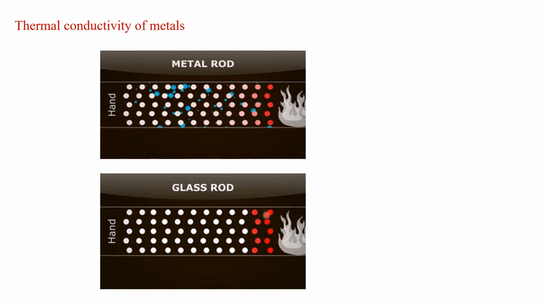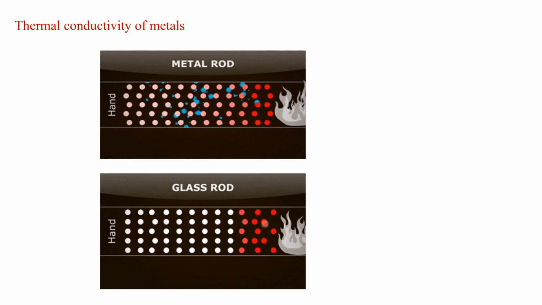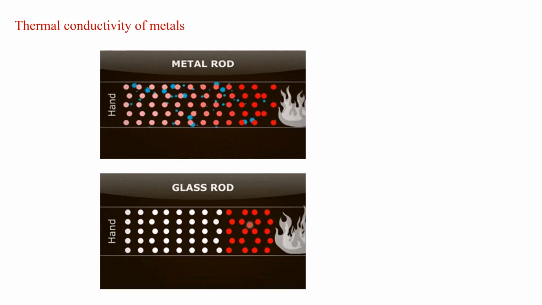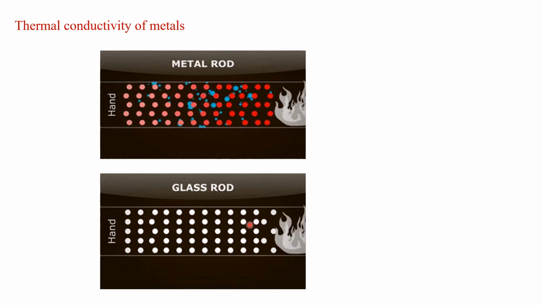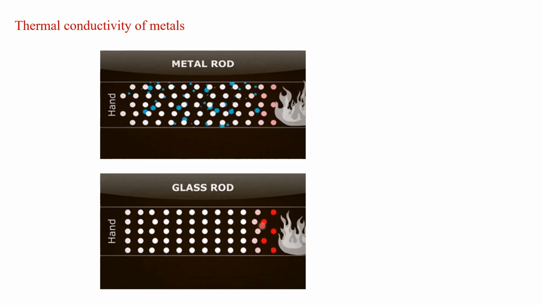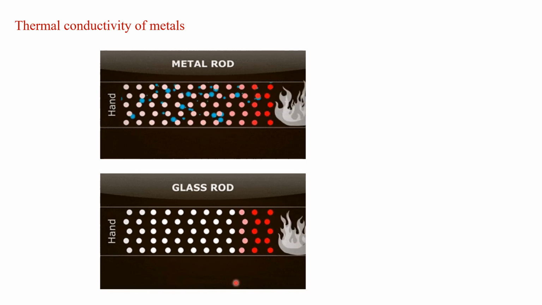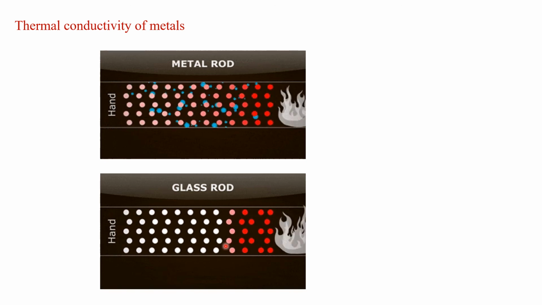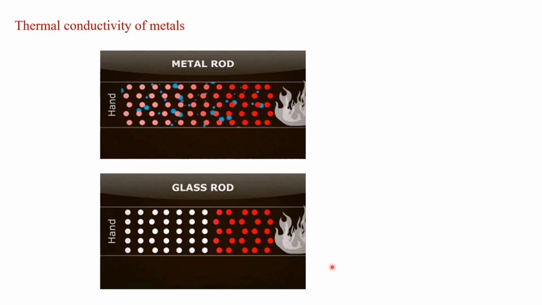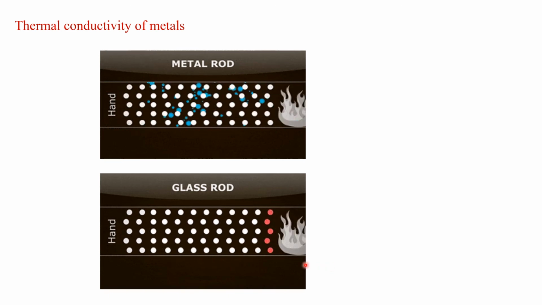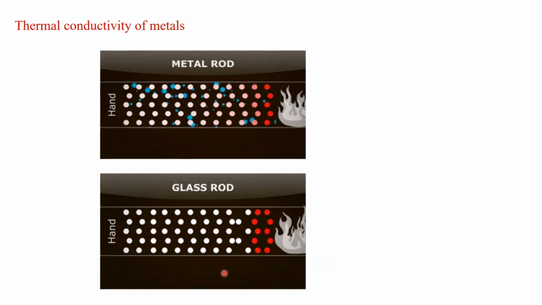By vibration they exchange heat with their neighboring particles, and this is the way to transfer heat. That's why heat travels very slowly in glass rods.